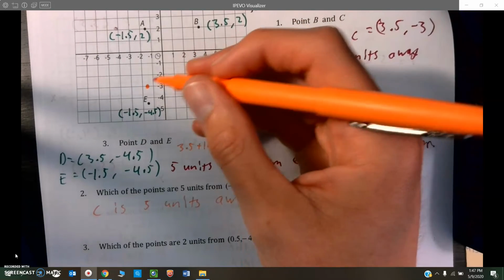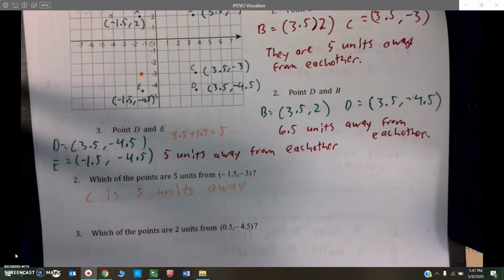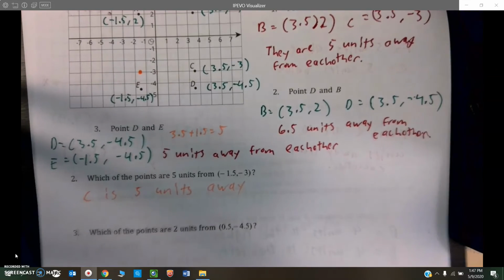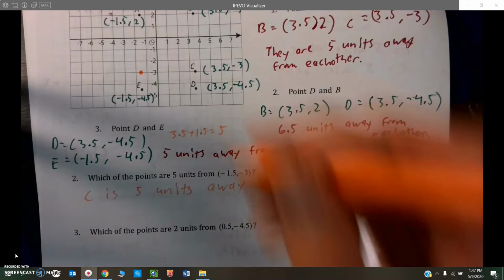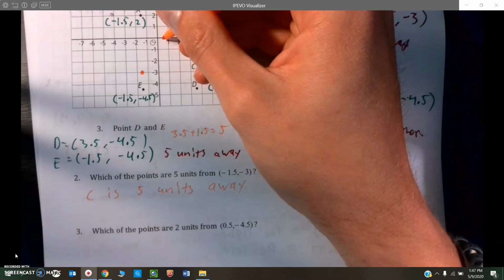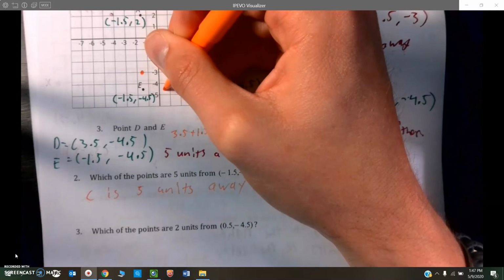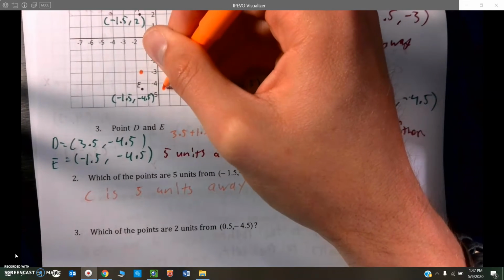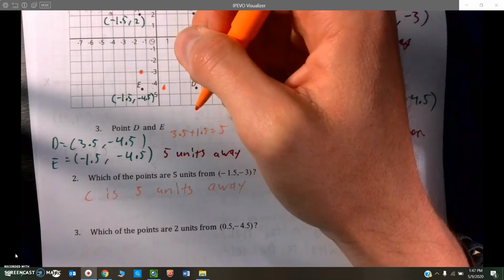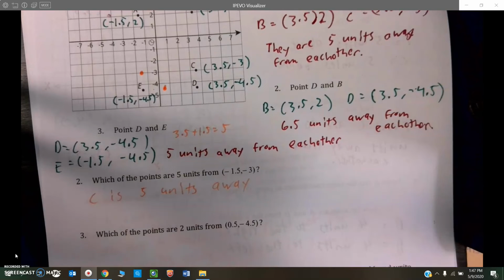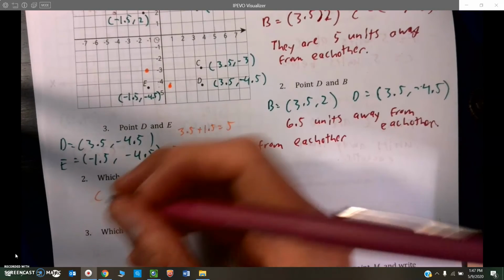Which of the points are 2 units away from (0.5, -4.5)? So that would be here. 2 units away. 1, 2. So that one would be point E.